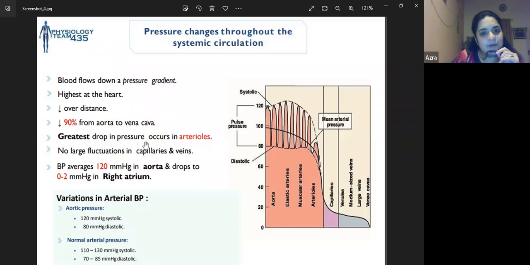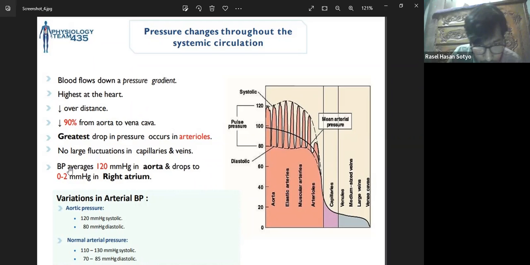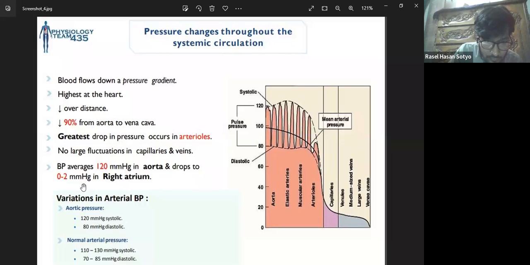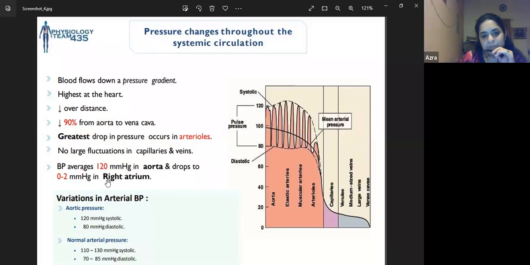The greatest drop in pressure occurs in the arterioles. There are no large fluctuations in capillaries and veins. BP averages 120 in the aorta and drops to 0 to 2 in the right atrium.